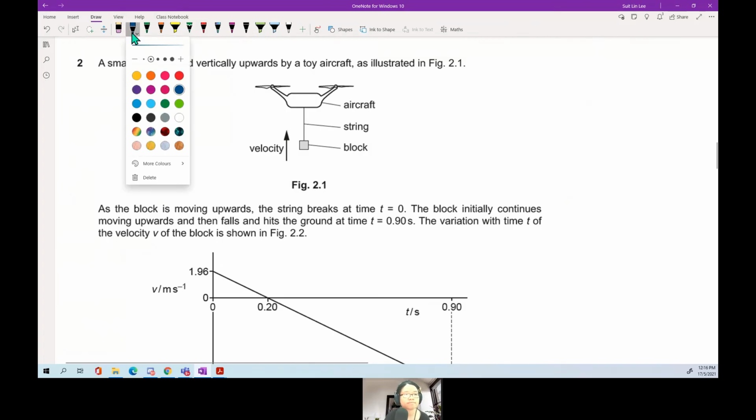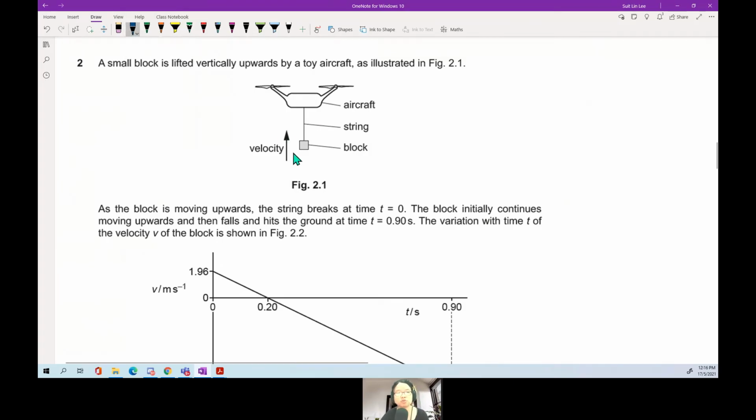You imagine, this drone is carrying the block. So the block has a velocity of 1.96. So initially, the block was traveling upward at 1.96 meter per second. In order to maintain the 1.96 meter per second, you need to overcome the weight of the block. But unfortunately, the string is no longer there.